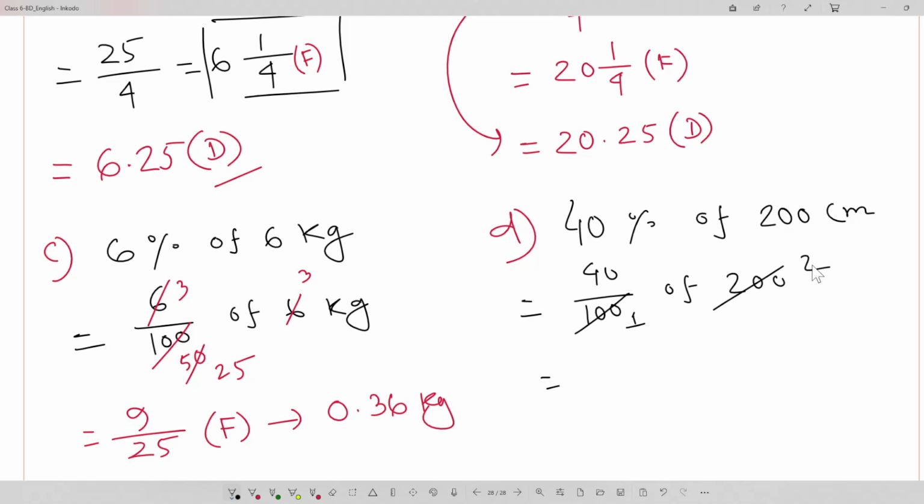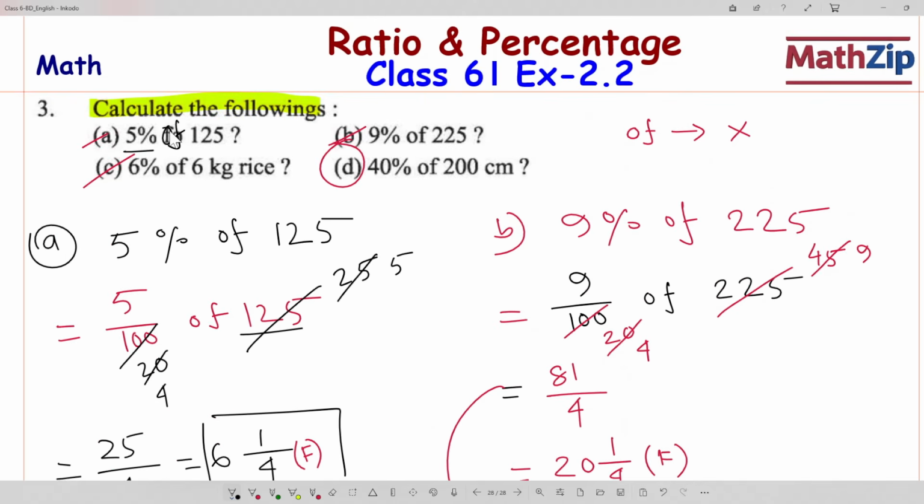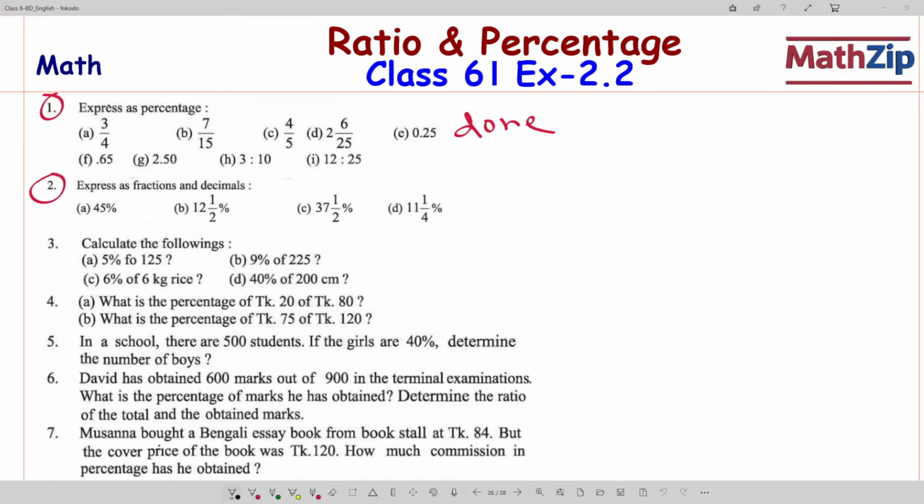So 40 times 2 is 80. So this 80 centimeter is 40% of 200 centimeter. Very simple. So question 3 done. So till now we have completed number 1, 2 and 3, and in this video I am trying to solve number 4 also.